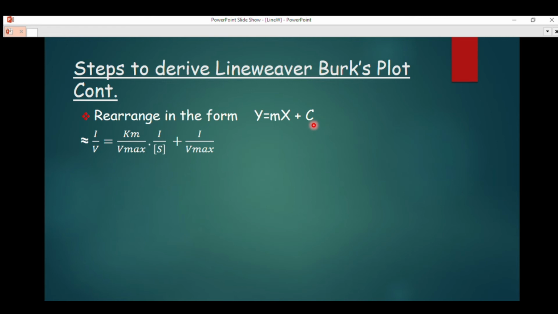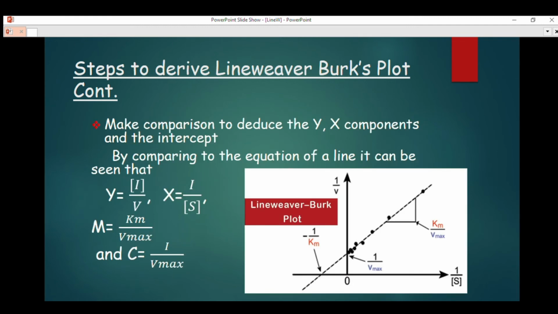Rearranging in this form, we get 1 over the velocity, which corresponds to y, equals Km divided by Vmax, which corresponds to m, that's the gradient, times 1 over the substrate concentration, that's the x component, plus 1 over Vmax, that's the intercept c.